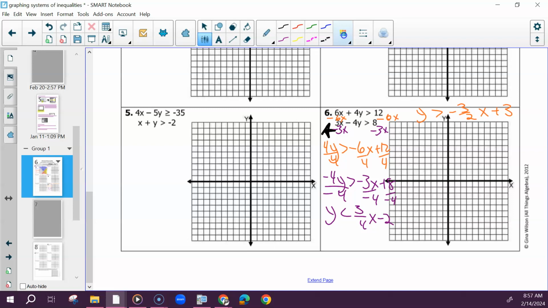Are these going to be dashed or solid? Dash. This one would be shaded above or below this purple one.